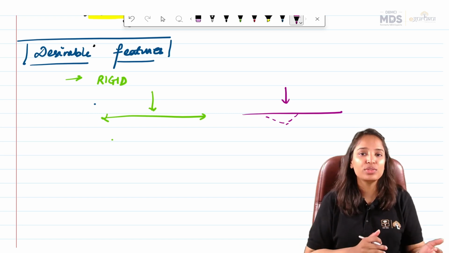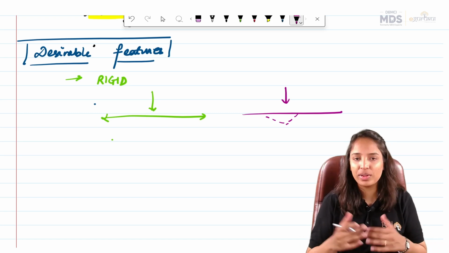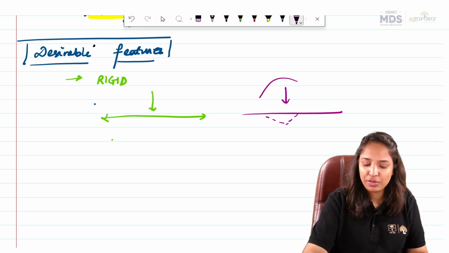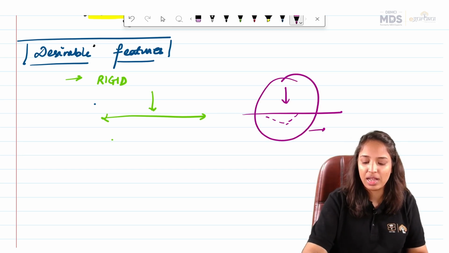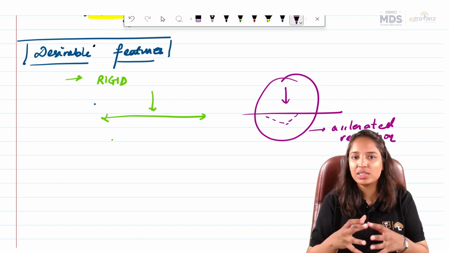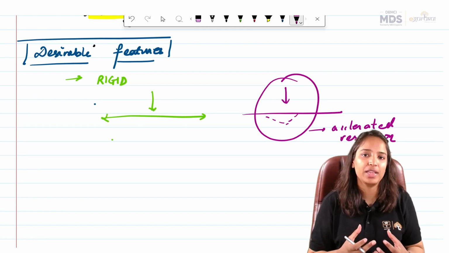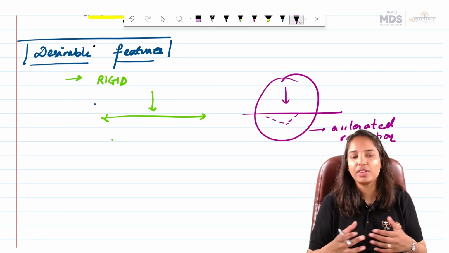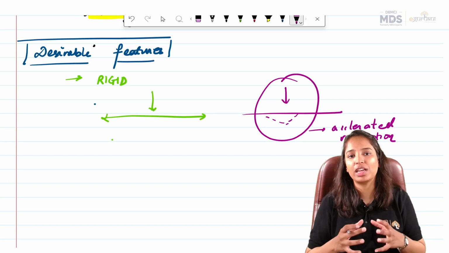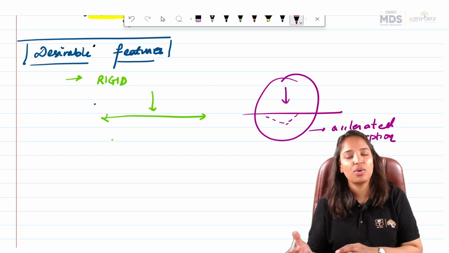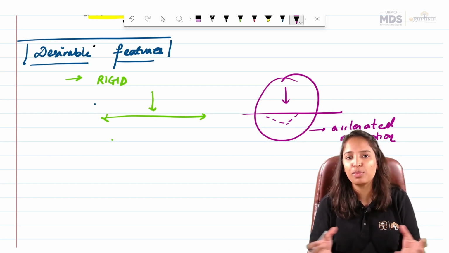The downside of it is that over a period of time, this kind of acrylic prosthesis will have accelerated resorption because one single area is taking the brunt of the entire occlusal force. So there will be dissimilar resorption and loss of even that abutment or loss of that particular bony structure.